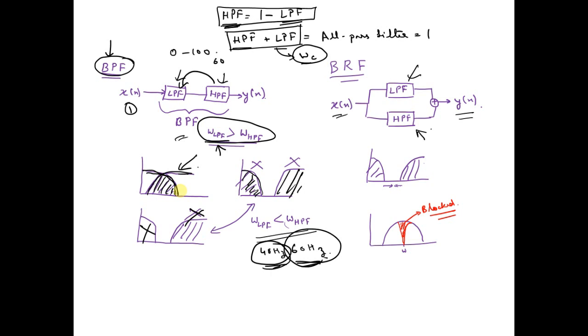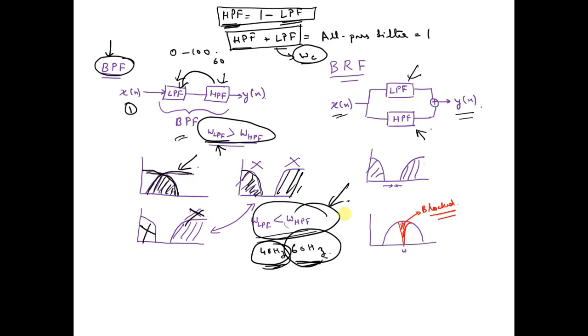In the case of the band reject filter, what happens? In this case, it is different. You have to apply this logic: the cutoff frequency of the low pass filter should be lower than the cutoff frequency of the high pass filter.